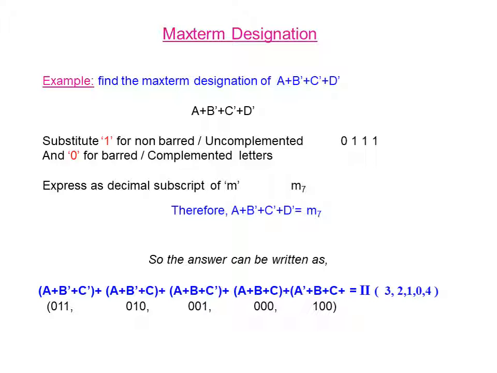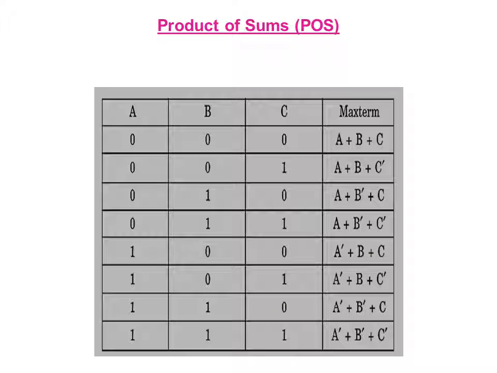For example, the max term M7 is represented as 0, 1, 1, 1. The equivalent expression is A plus B dash plus C dash plus D dash. Now let's see how the product of sum expressions can be written in the tabular form.